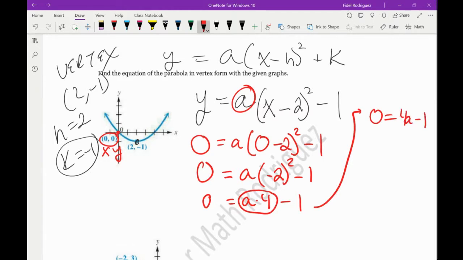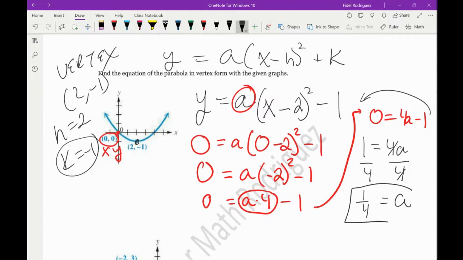So I don't want to subtract 4 and 1, because I'm really multiplying the a and the 4. I'm going to move this 1 to that side, and that becomes a positive 1 equals 4a. Then to solve for a, we divide both sides by 4, and we come up with a equals 1 over 4.